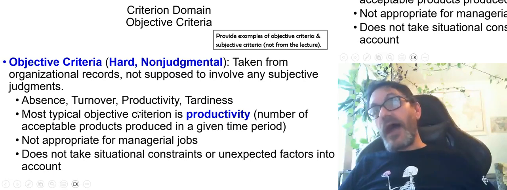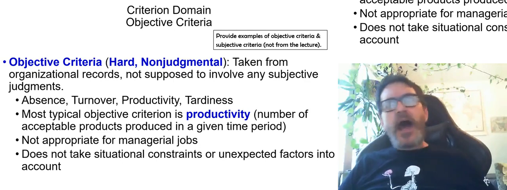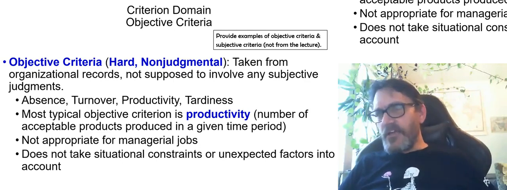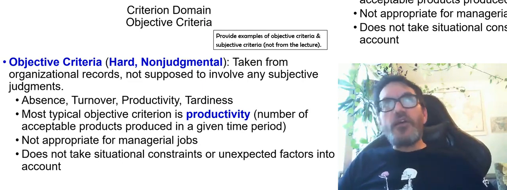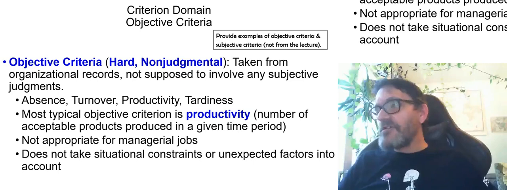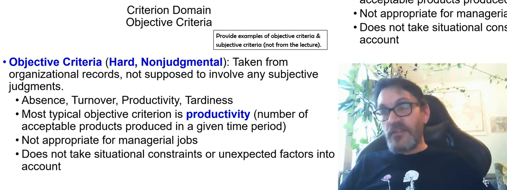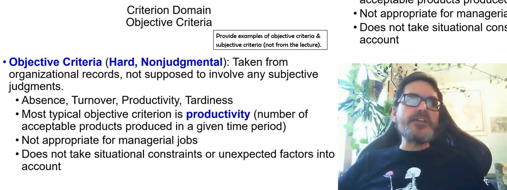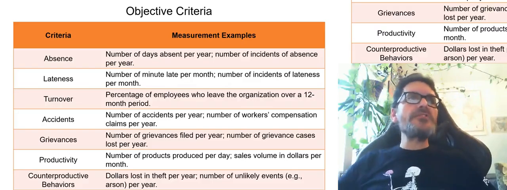So often, when I am evaluated on the criterion domain, an objective criterion that my dean might use to evaluate me would be the scores on a student evaluation, right? What's the average score on the student eval or something like this? So it's intended to be hard and non-judgmental, okay? Something just very quantifiable, all right?